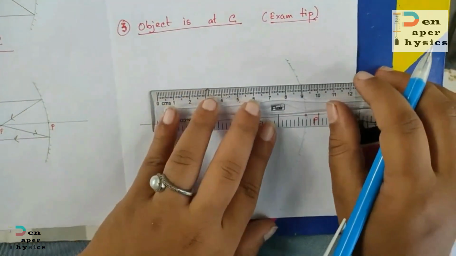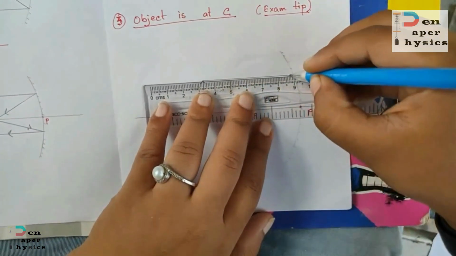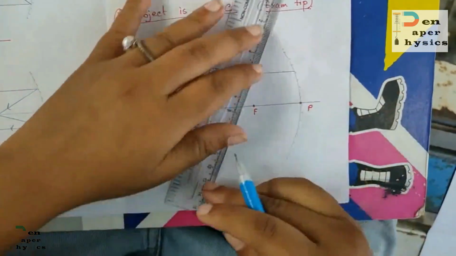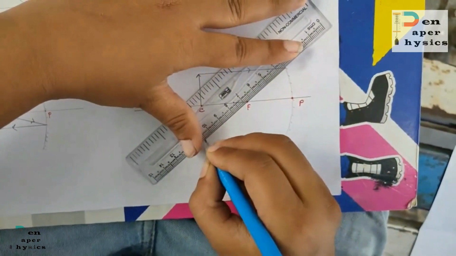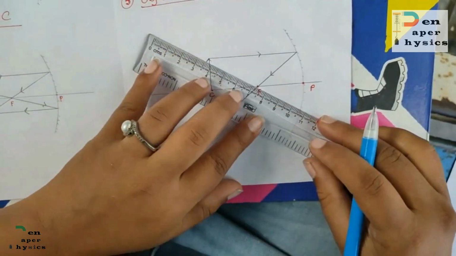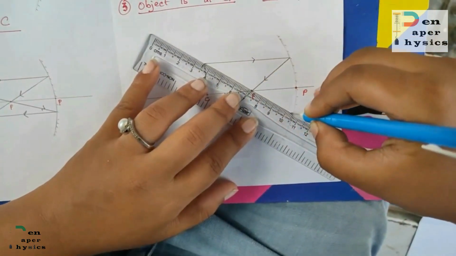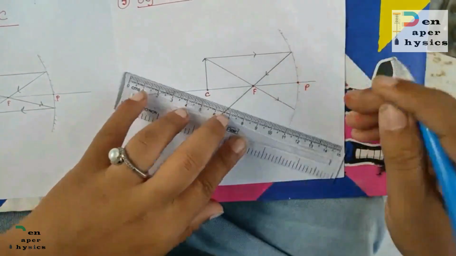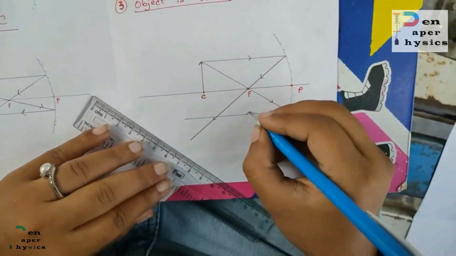Then from the tip of the object, I will draw two rays, one parallel to the principal axis, which will pass through focus. Another ray passing through focus, which becomes parallel after reflection.